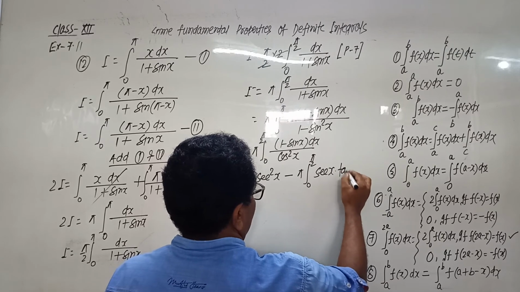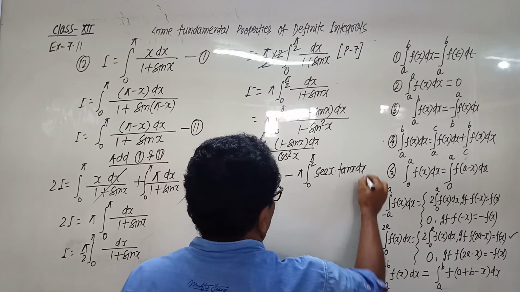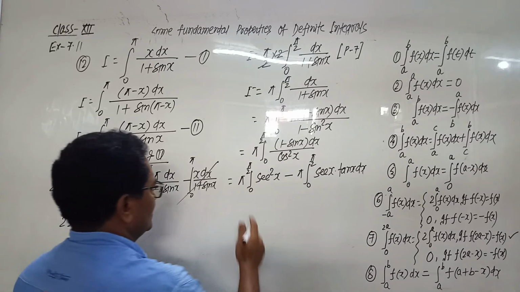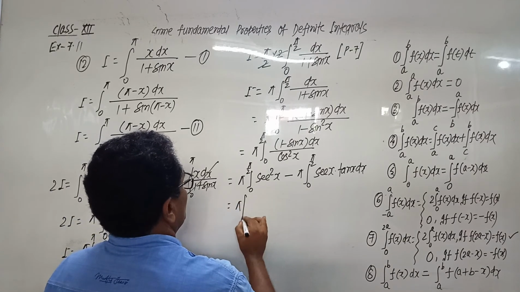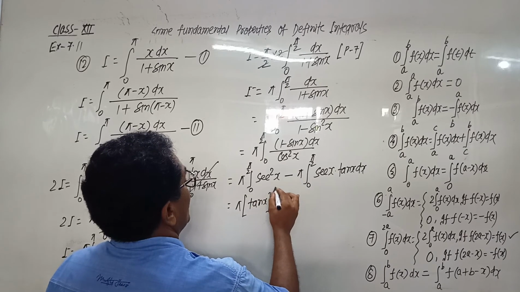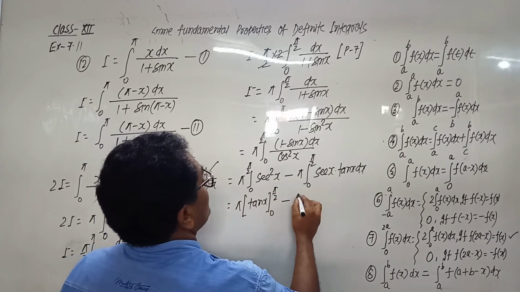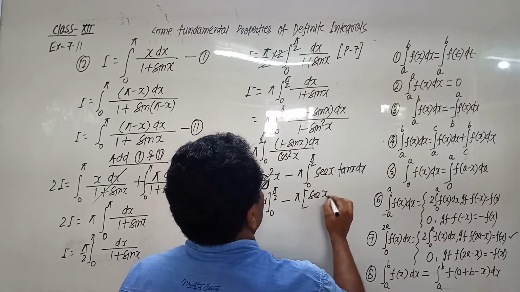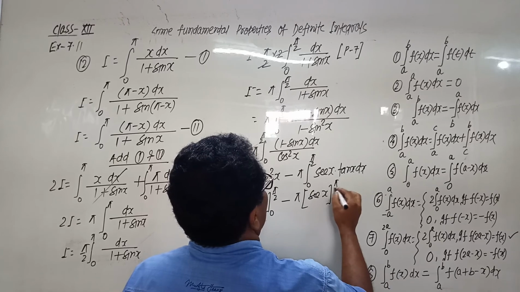So sec x into tan x dx. And integration of sec square x is tan x. So pi tan x, 0 to pi by 2, minus pi integration of sec x into tan x, it gives sec x, and 0 to pi by 2.